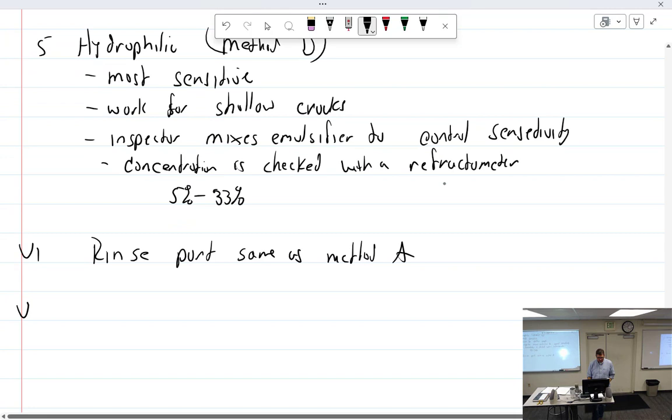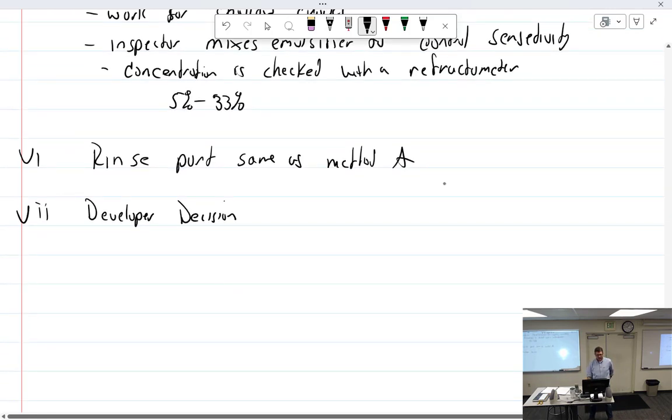What comes next? Dry? Or determine which developer you use. Apply developer, I guess. So developer decision. We're either going to apply wet developer, which is our method or form water soluble.